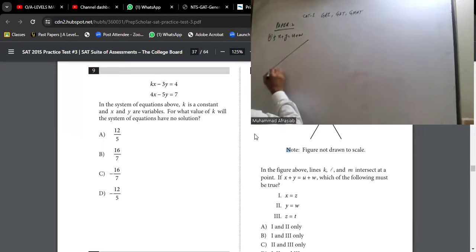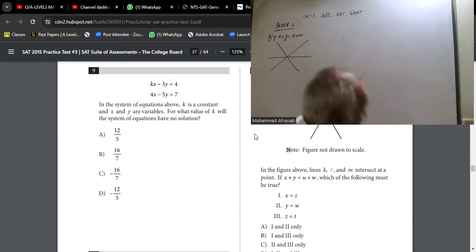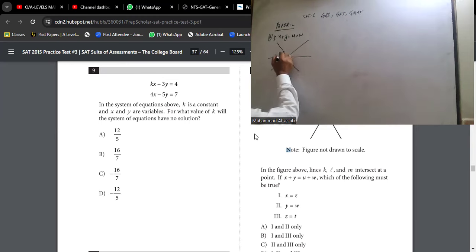And these are the lines where these angles are mentioned as x, y, z, and u, v, w, u, and t.